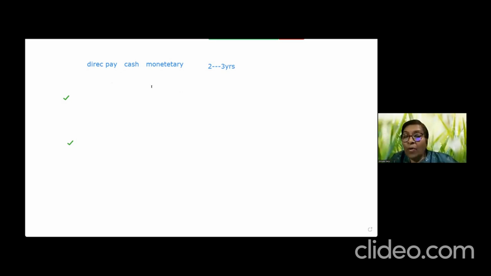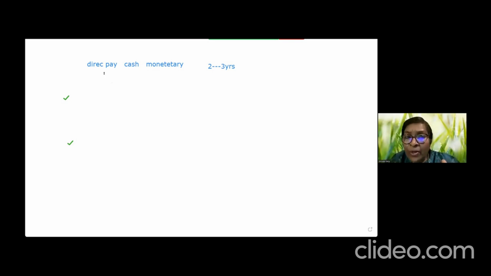Okay. Why I want you all to understand direct and indirect pay in detail is because the pay mix, the strategy of compensation, depends on how you are going to mix it, in what kind of proportion, and whether it is aligned with your business strategy.